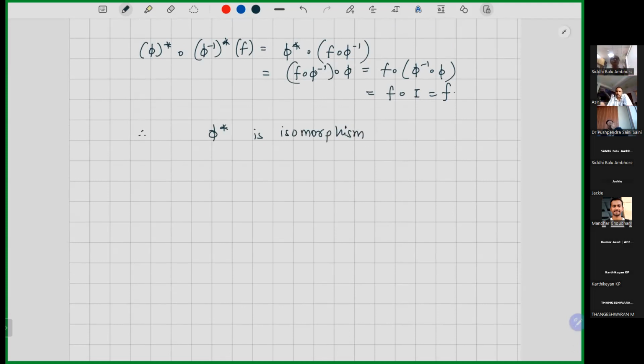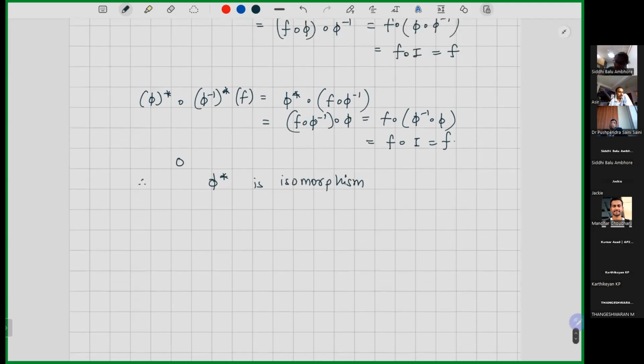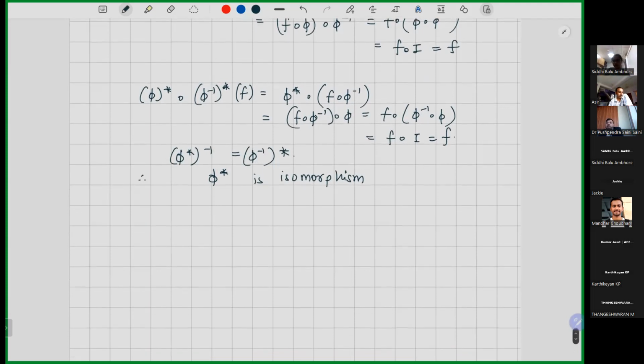Because we got the inverse, that phi star inverse is actually phi inverse star. This is what we got: phi star is invertible, therefore an isomorphism, therefore V star is isomorphic to W star. Any doubts here?